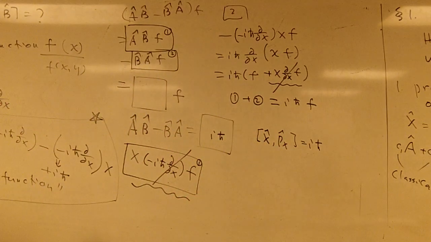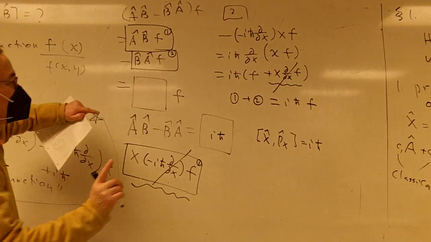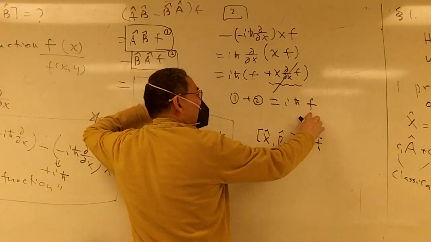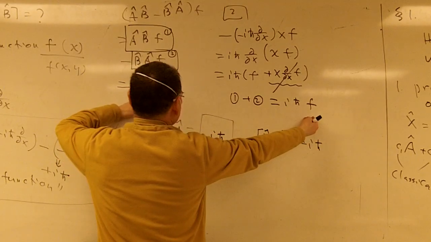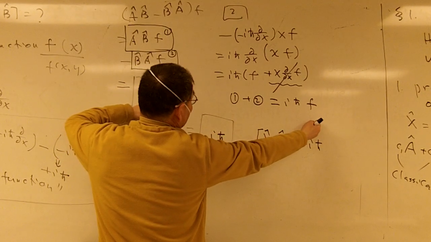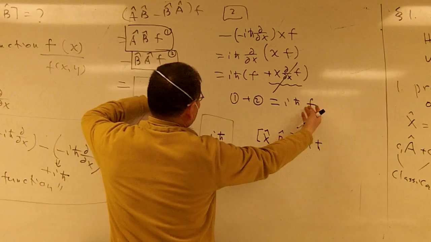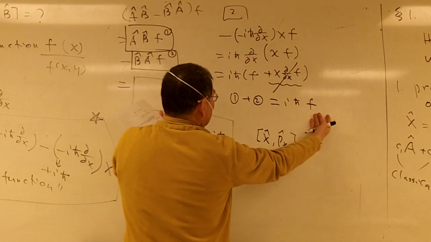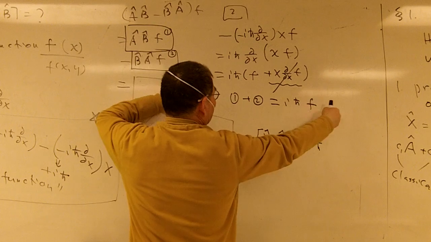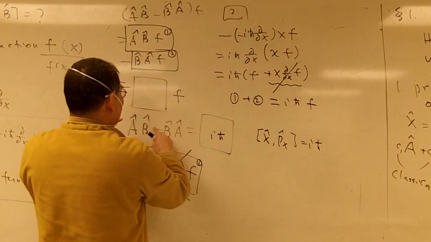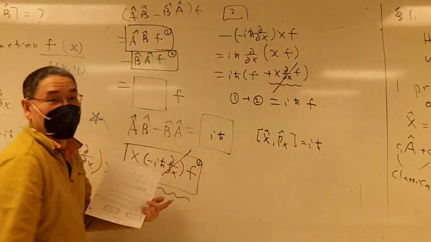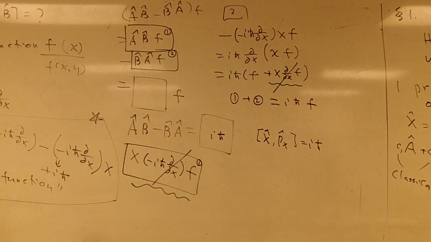So that's how we found a commutator. In other words, this function is not used anymore. So essentially, we just compare these two terms. And we did not divide by f, by the way, because this f could be any function. These two are arbitrary, because this function is arbitrary, so the coefficients have to equal each other. So this commutator is going to equal iħ.